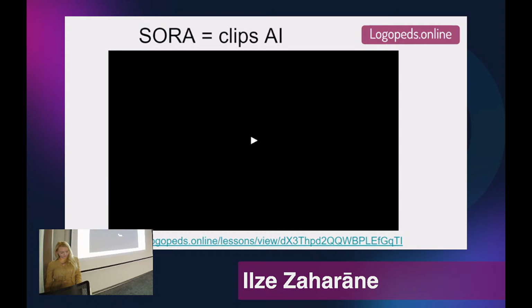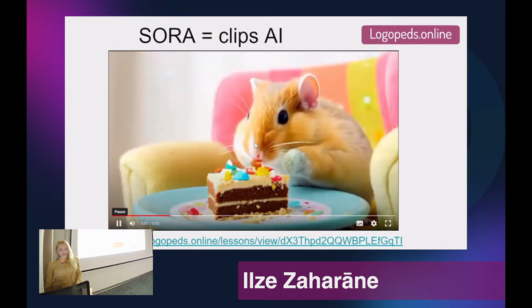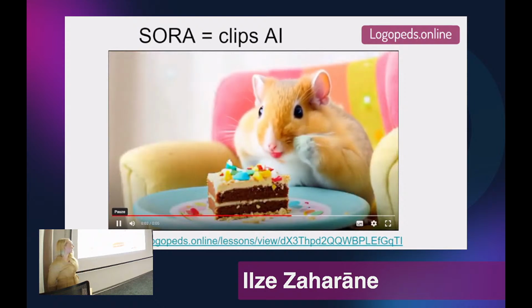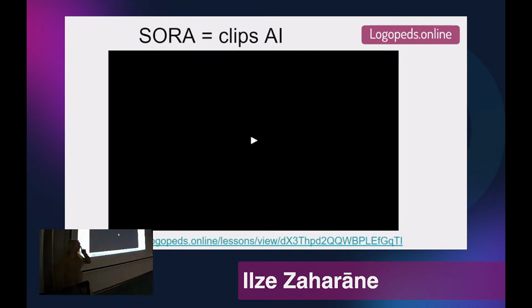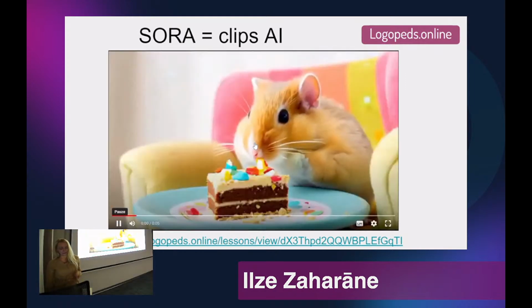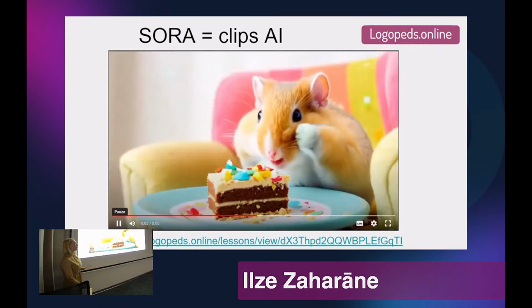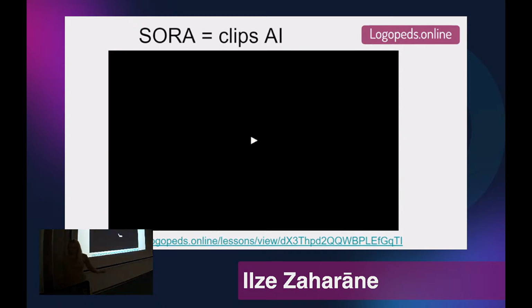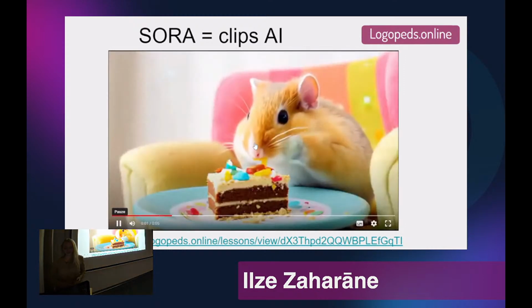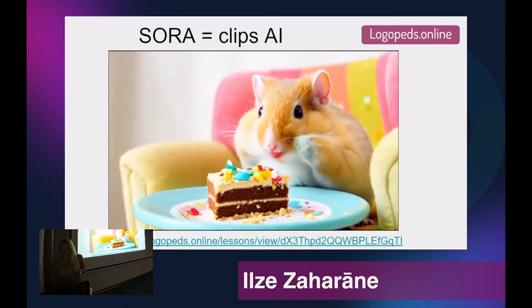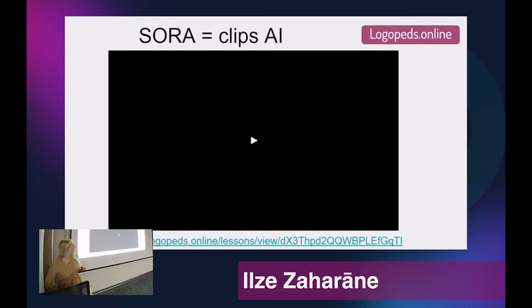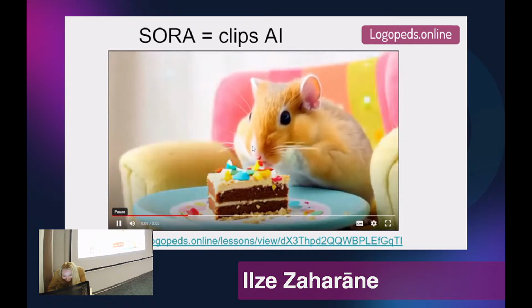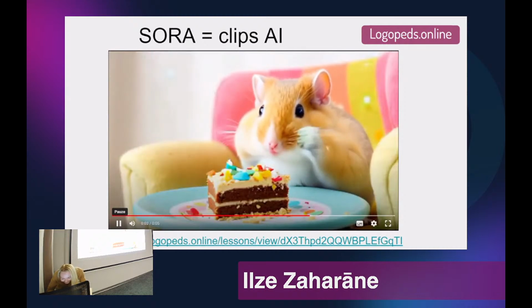It's much better at what it's doing. This hamster is really eating a cake. I put in my prompt that he's eating with a fork, but as you see, it's an invisible fork. But we're getting there. I was really excited about things. Yeah, he's also vomiting the cake. What? Reverse.